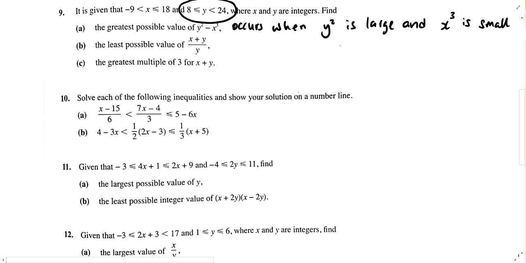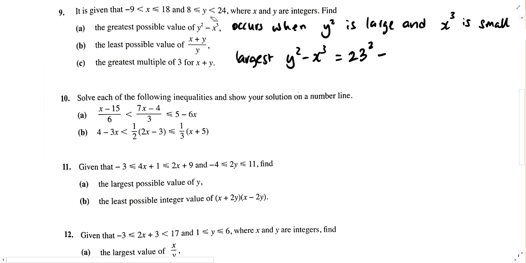So the largest y squared minus x cubed must be equal to the largest y squared ever possible, which will be 23 squared, because we cannot have 24 as the value for y. Now I want to subtract away x cubed. What is the smallest possible value for x cubed?